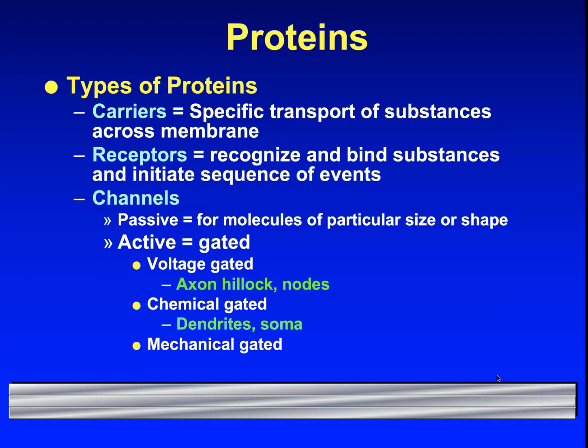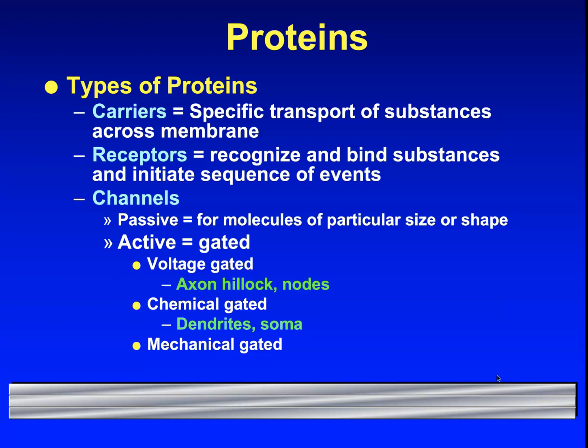There are also receptors. Receptors we'll talk a lot about when we get to drugs. Receptors have a specific size and shape. They're a protein. And if you are the right size and shape that binds to that protein, great. You're going to bind and start a sequence of events. For example, there are acetylcholine receptors on your dendrites in some areas of the brain. If acetylcholine binds to those receptors, it opens up a sodium channel. Sodium comes in.